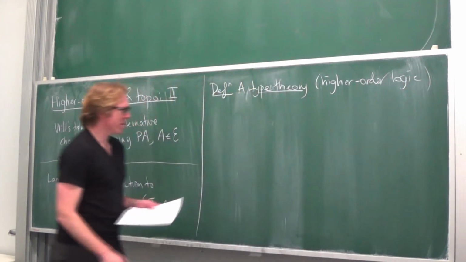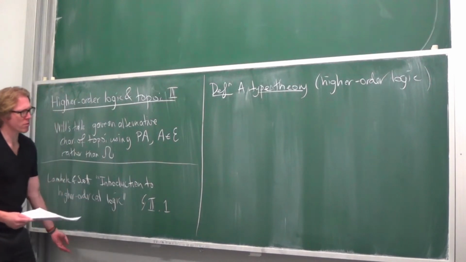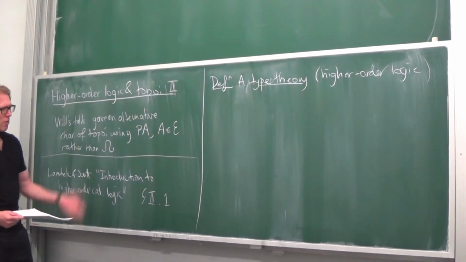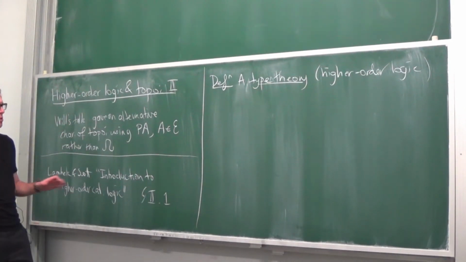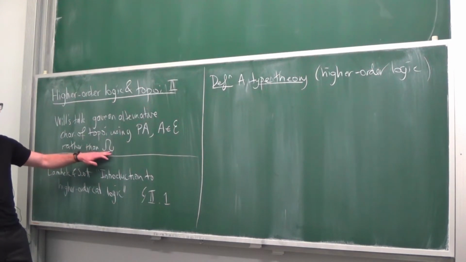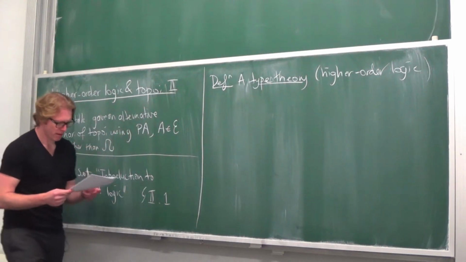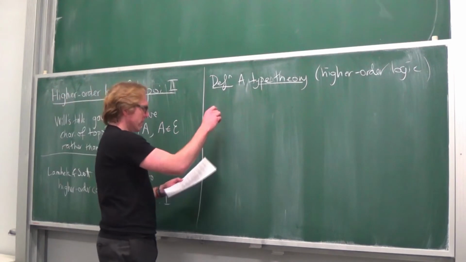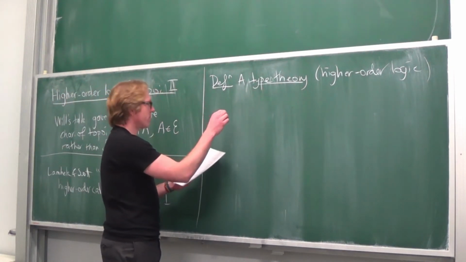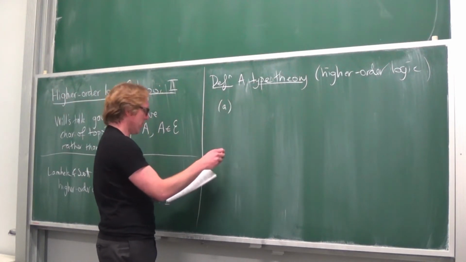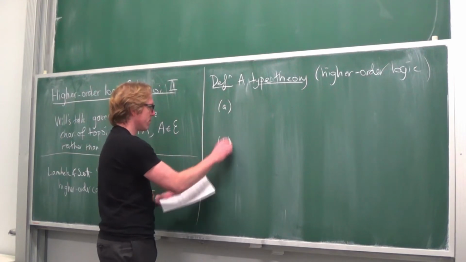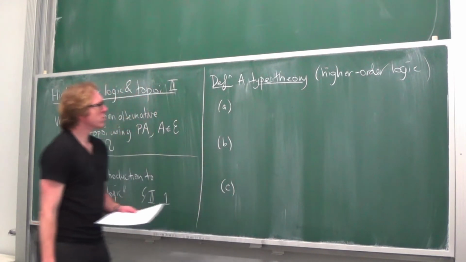For us, type theory is synonymous with higher order logic. Higher order because there's a type of propositions, basically. So roughly speaking, there's an omega or a power set objects in the logic. Okay, so what's a type theory?